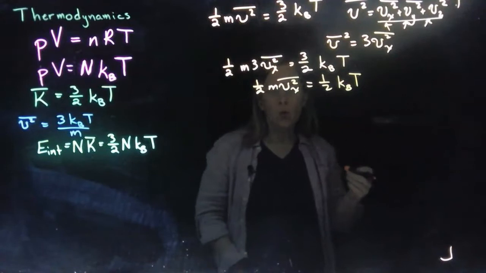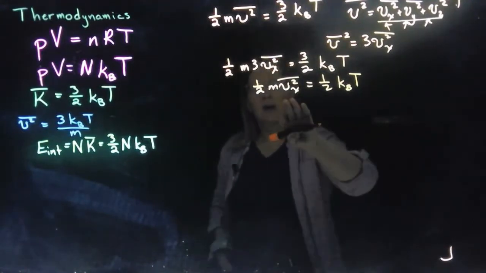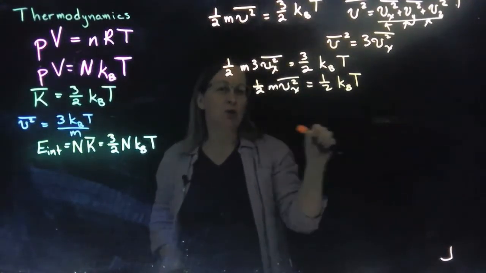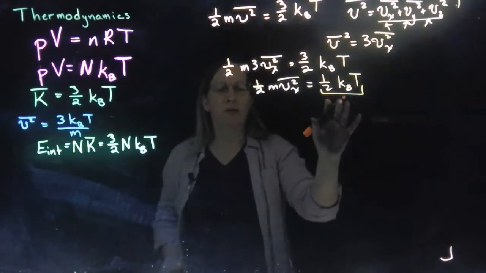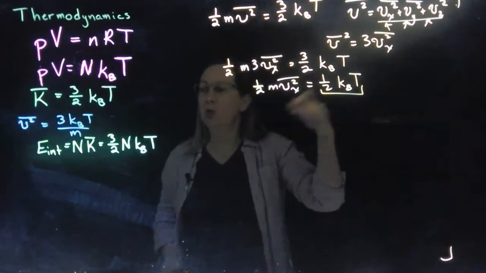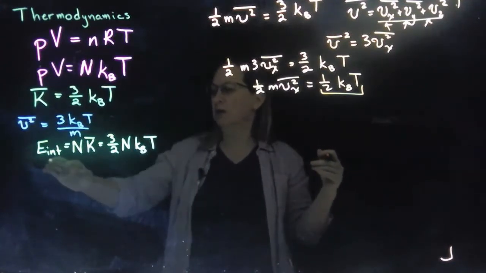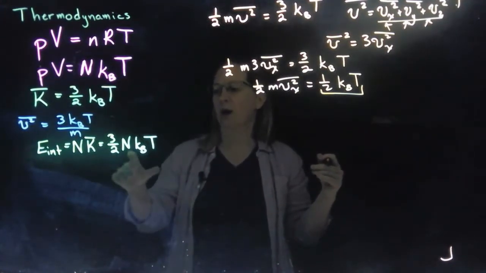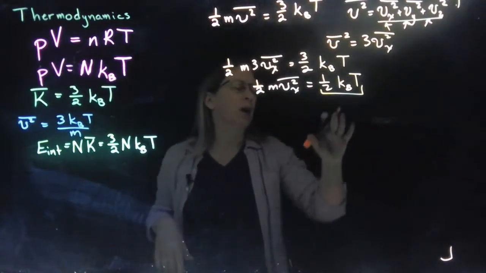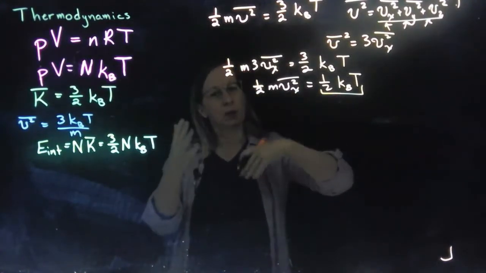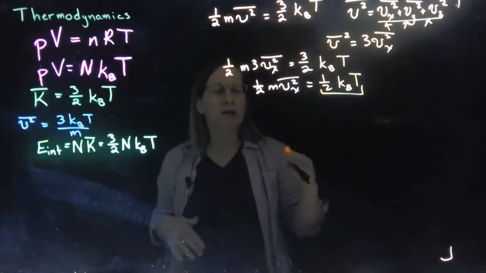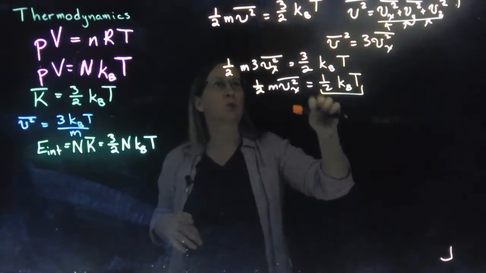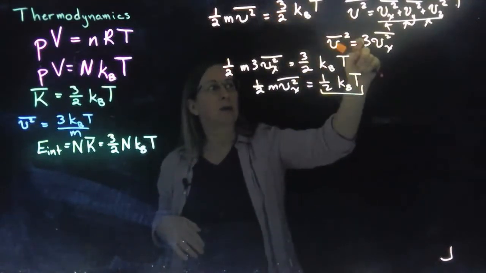And so one way to think about this is the kinetic energy associated with the motion in the x direction contributes 1/2 kBT to the internal energy, which is 3/2 times the number of particles. Then being able to move in the y direction contributes 1/2, and being able to move in the z direction contributes 1/2. That's in fact where we got this 3. It came out of here.